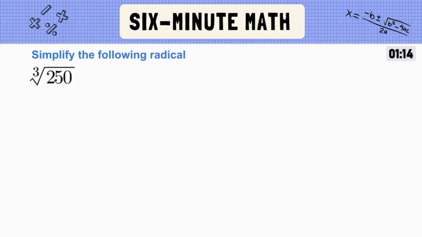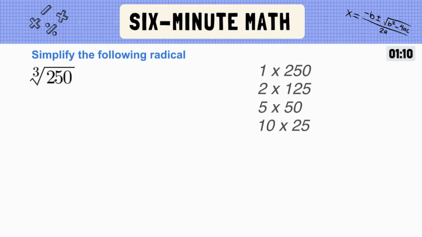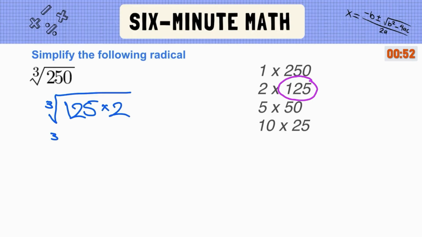On to our last example here. We're going to simplify cube root 250. We have our factor u here, and we're going to do that quick scan and see that our highest perfect cube is 125. So we're going to split the cube root of 250 into the cube root of 125 times 2.